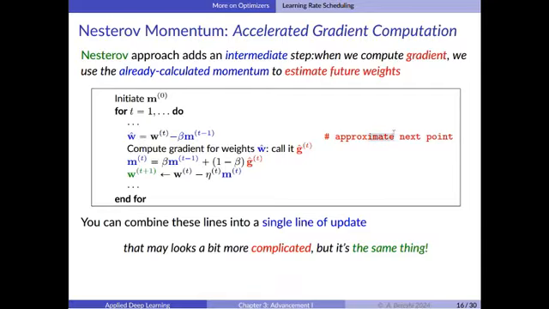We are approximating the next point based on the previous momentum that we have. Okay, I think everything makes sense until now.